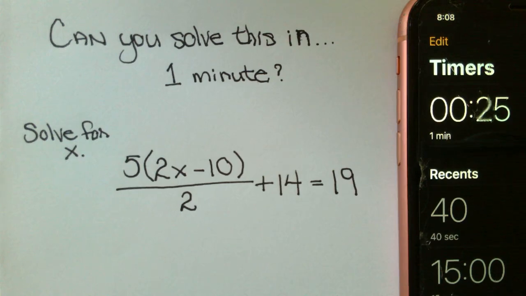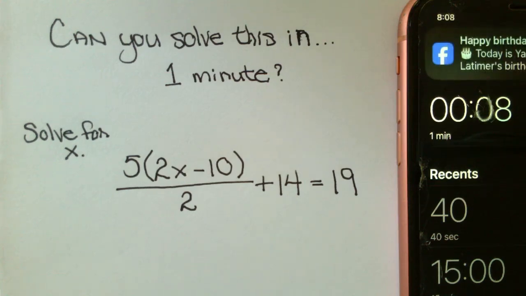Okay, so hold your answers until the end of the timer. Once the timer ends, then we're going to put all our answers at the same time. Hold your answers until the end of the timer.